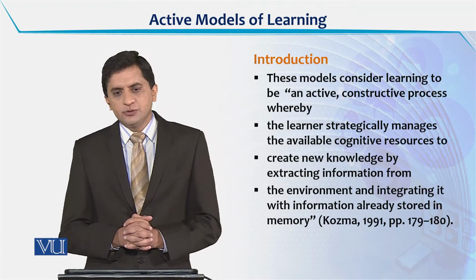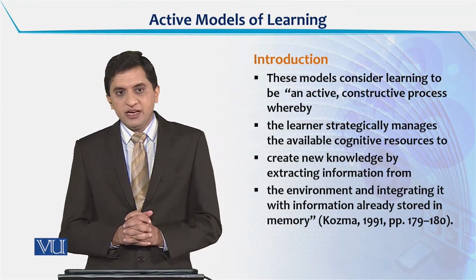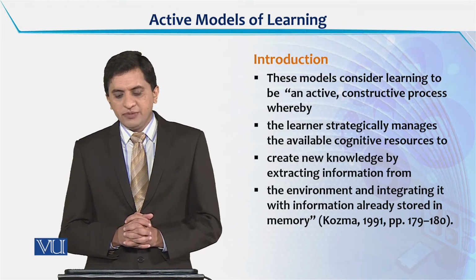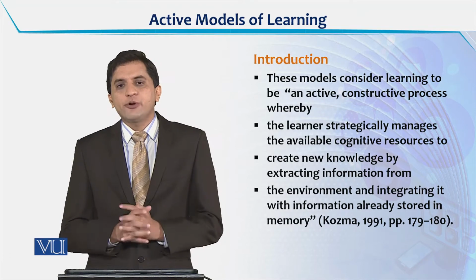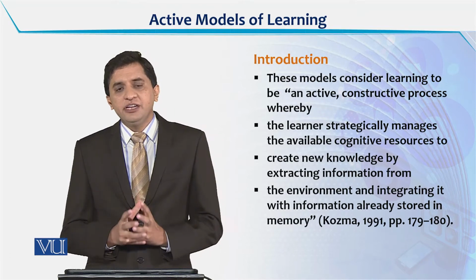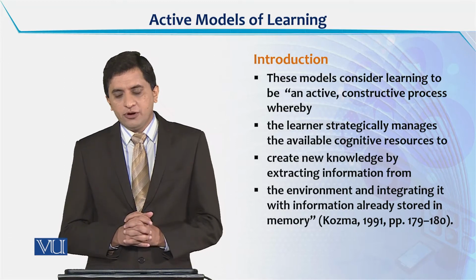available cognitive resources to create new knowledge by extracting information from the environment and integrating it with the information already stored in memory. Here are 4 points that we need to understand when we are talking about the active model of learning.